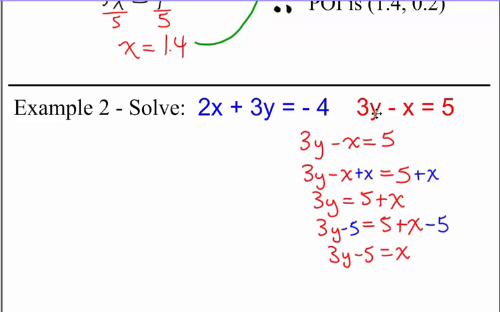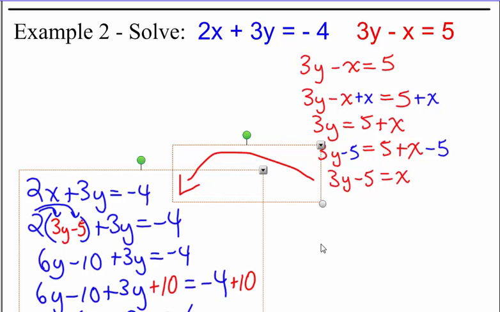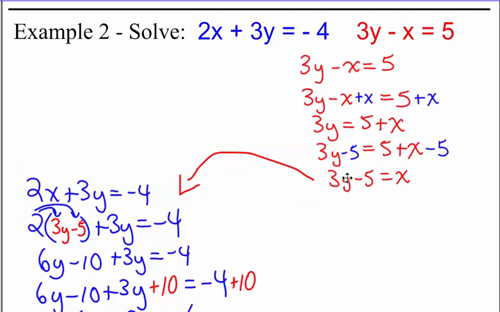And so I will rearrange this equation. I'm looking to isolate the x, so I've added x to both sides. Now the x is on the right, and I need to subtract the 5 to isolate the x entirely. I will then plug that value into my 2x plus 3y equals negative 4 equation.